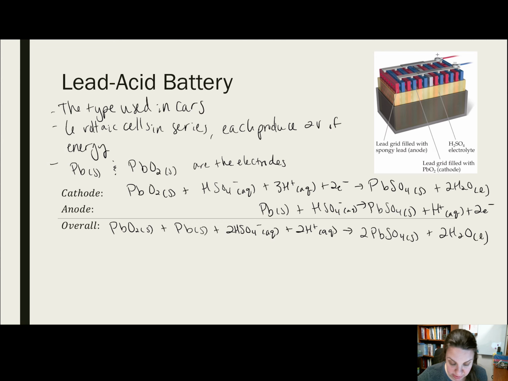Here we have lead going to lead 2 plus in this case.